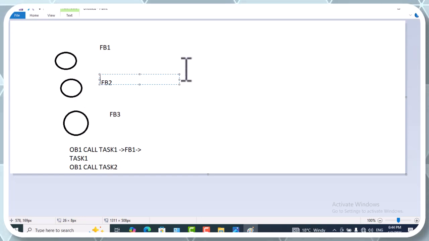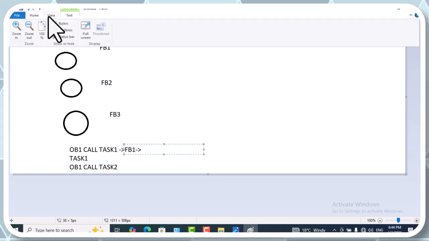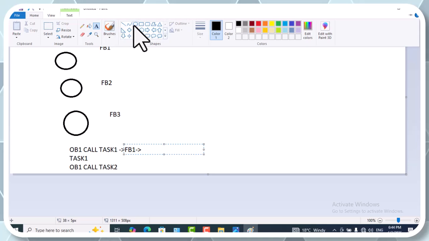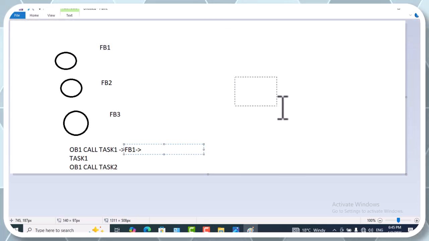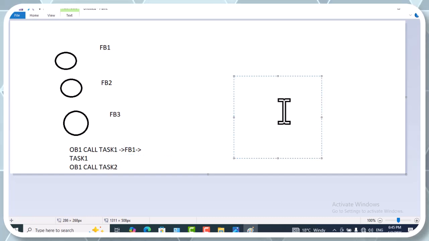So internally, when OB1 calls task 1 and task 1 calls FB1, the operating system in our PLC creates the return point in the stack. If you know what a stack is, I think many engineers know it. Internally the operating system and the OB block use the push instruction.